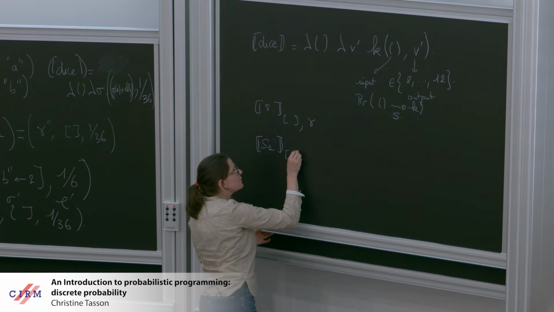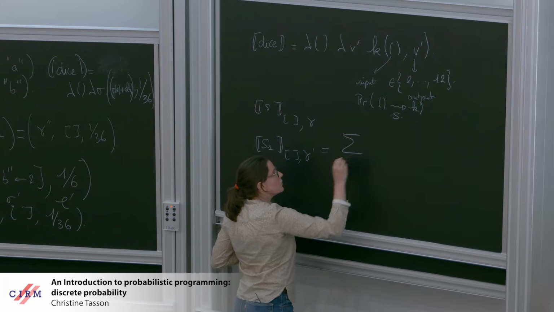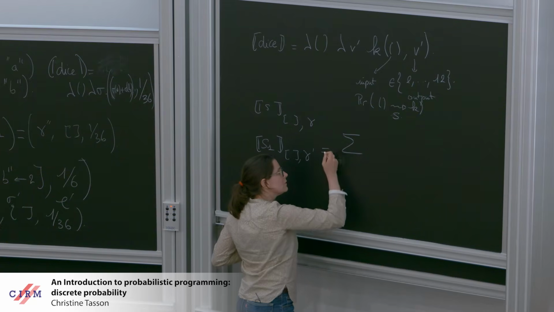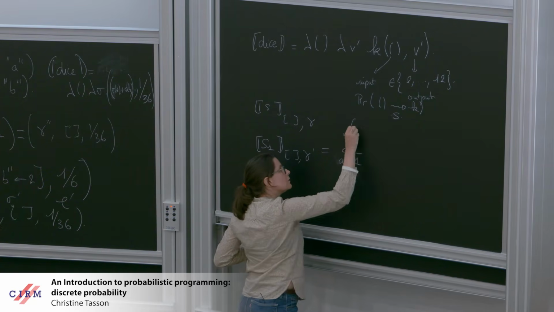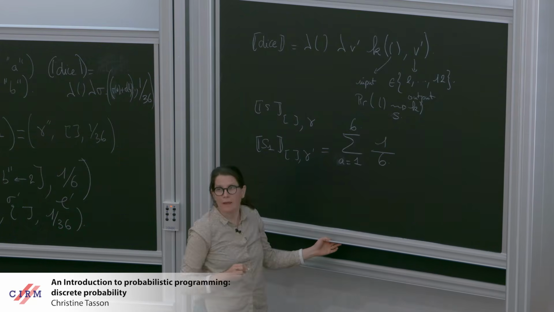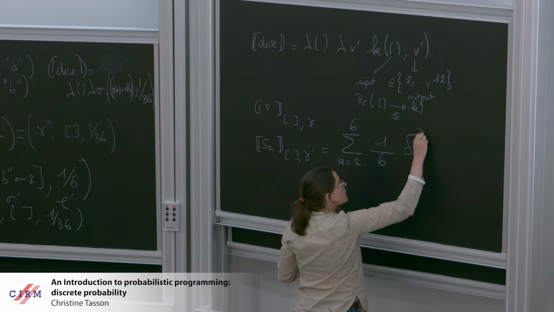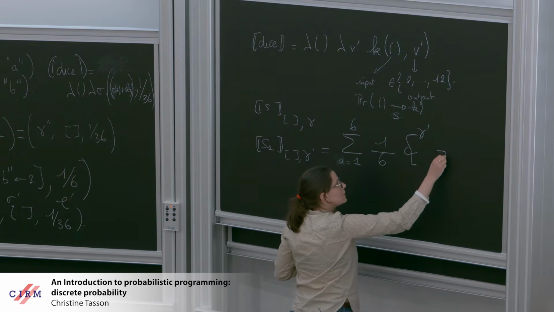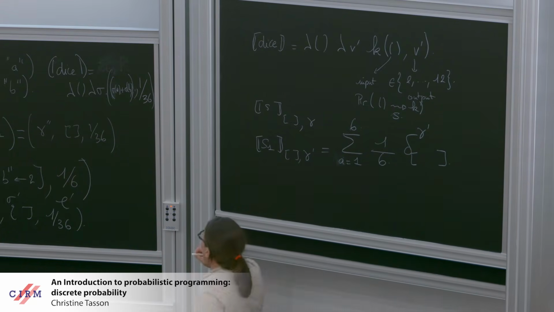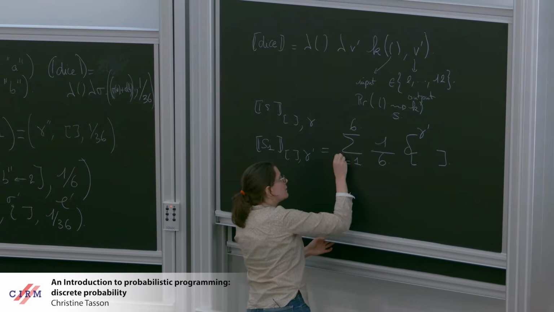I start with the empty environment. I have to sum over all potential values of my dice. The probability of getting this value A, and the outcome will be, well, what do I have to do? I have to add the value A to my variable A.